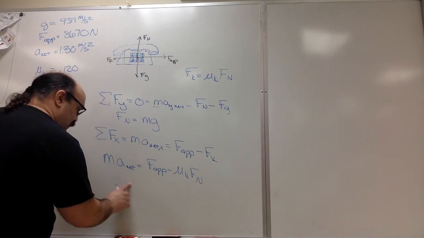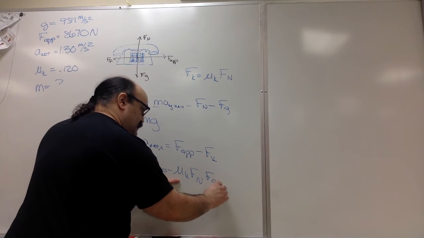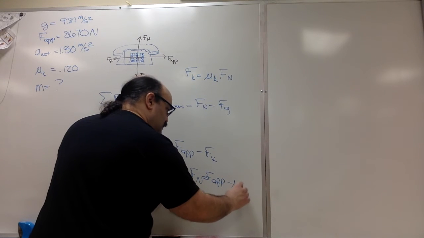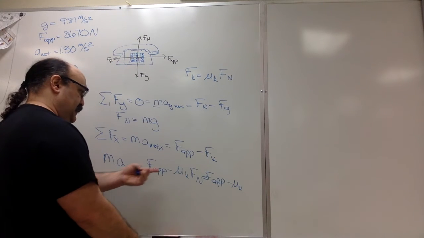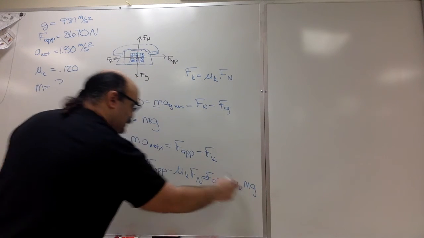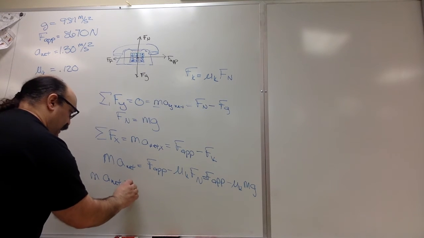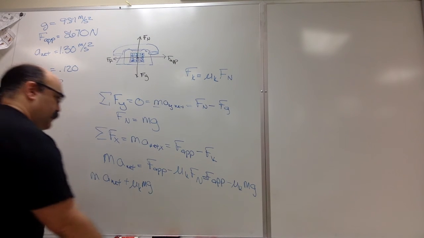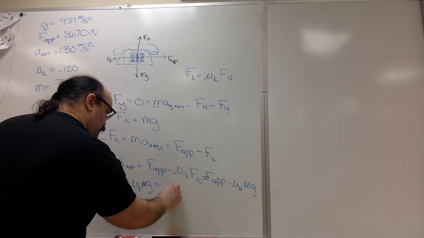We want to find m, so we need to isolate the m's. This is the applied force minus mu sub k times the normal force, again simply mg. So I need to isolate this over here. I have the mass times the net acceleration plus mu sub k times mg must equal the applied force.